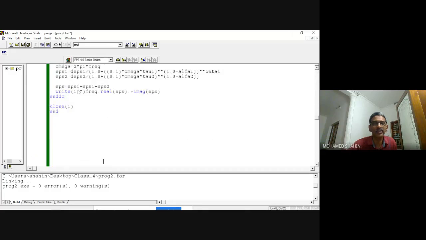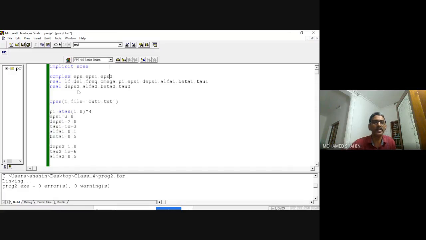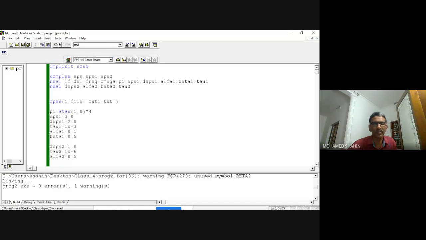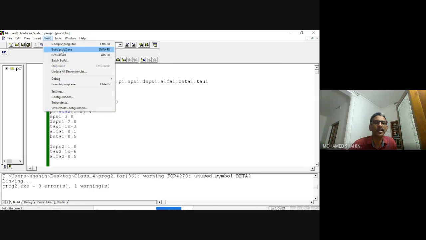And we have defined the EPS. Complex we have already declared here. Build, rebuild all. Now you can see that beta 2 I have declared. There is no beta 2. That is why it is not an error, but it is a warning.